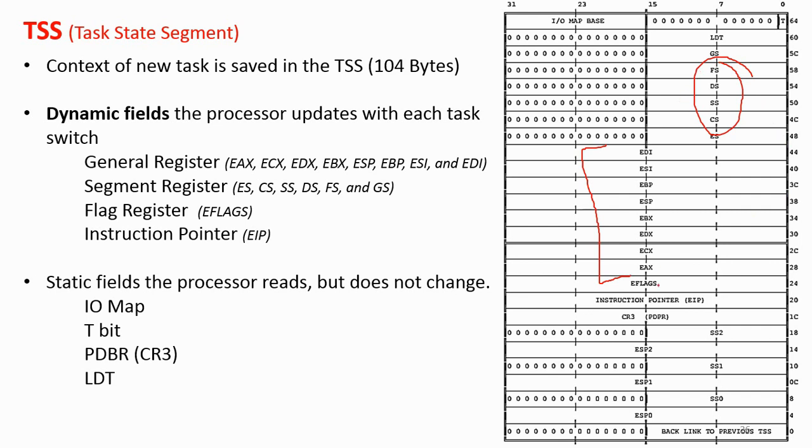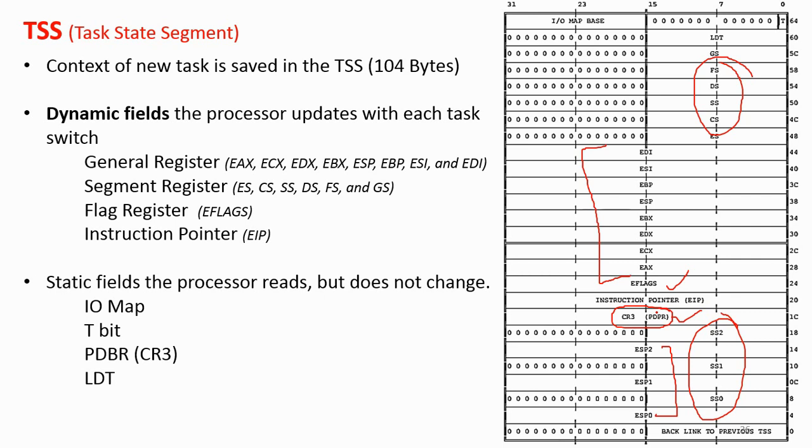EIP, the flag register, that is EFLAGS register, CR3, that is control register 3, and privilege level stacks are stored in TSS. The main purpose of saving CR3 is that CR3 contains the address of the page directory.